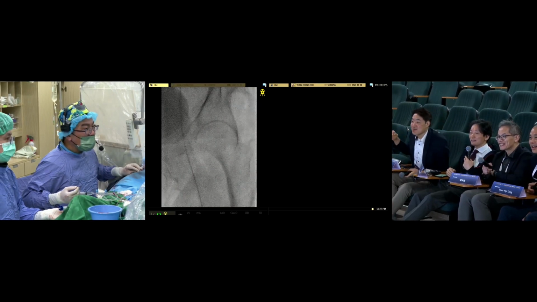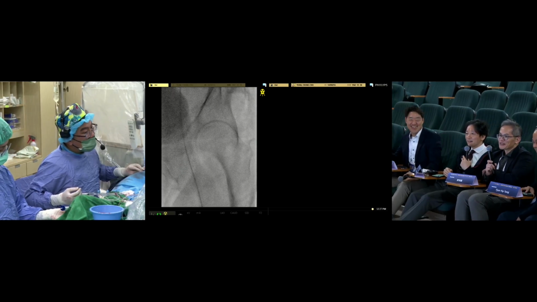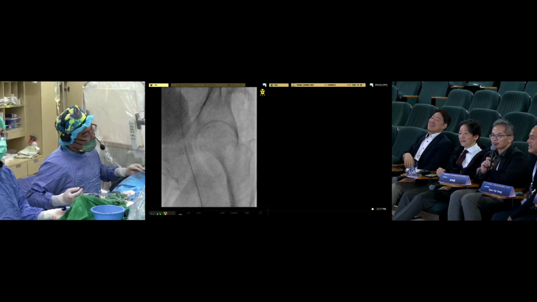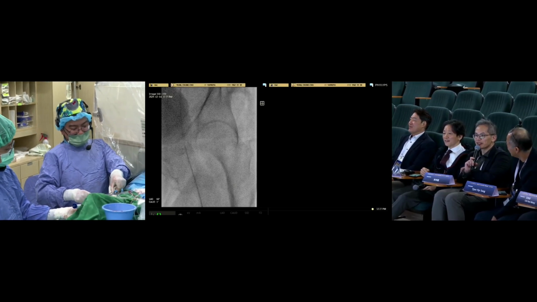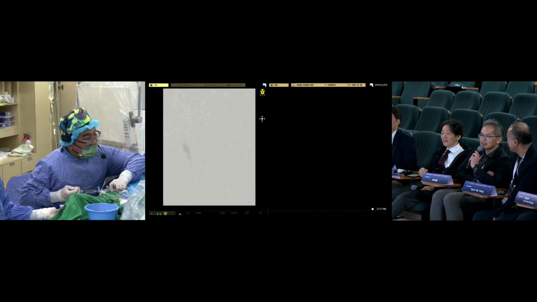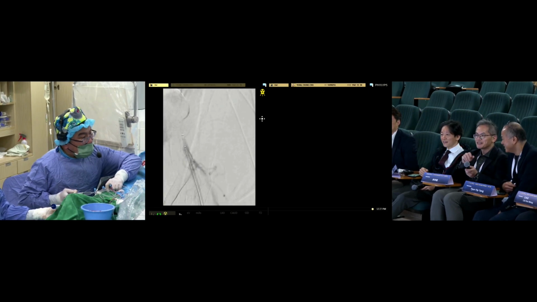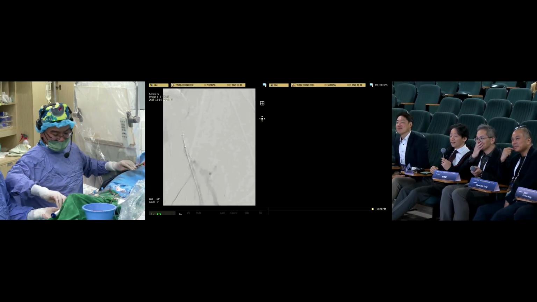Yeah, it's actually difficult. Maybe it might be here. Dr. Zong, you can do it yourself and go ahead for this case. It's okay. The initial dimple might be here.